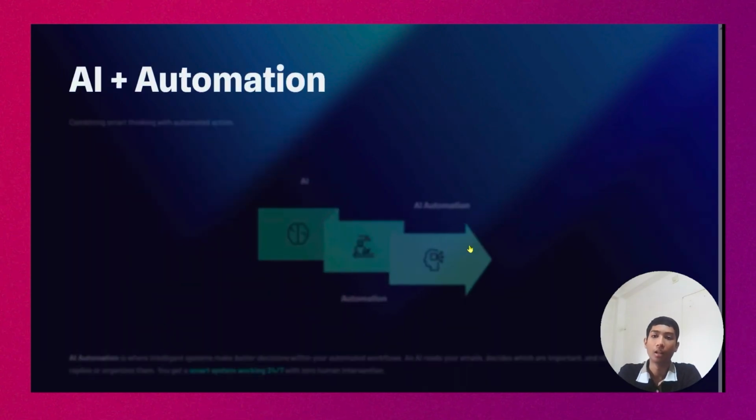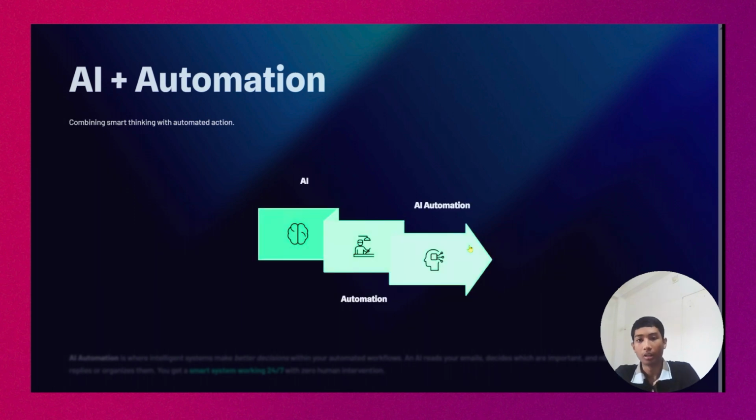Okay, let's see what is AI plus automation. Actually, it's combining smart thinking with automated actions. Suppose this is a brain, AI, and this is automation, where you need not do any manual task because it is done automatically. If we combine these two things, this is AI automation. It's super powerful.